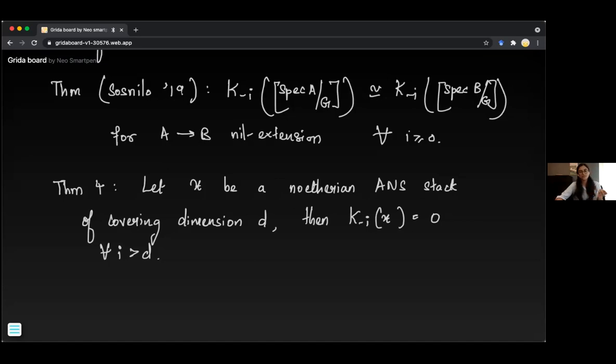But in characteristic 0, you really have to make this stronger assumption. Like you cannot have something like GL_n. This whole assumption just comes from the fact that we want to use the local structure theorem such that it is a quotient stack, and this is somehow restrictive. So maybe there's a possibility of extending to more general stacks, but at least we don't know how to do that so far. Right. Okay, thanks.